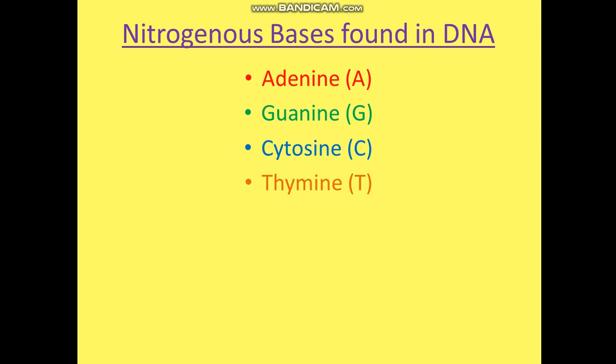Now these four nitrogenous bases are bound to each other, making two pairs. Adenine and guanine are of one group and cytosine and thymine of another group. These nucleotides are belonging to pyrimidines and purines. That you don't have to understand.